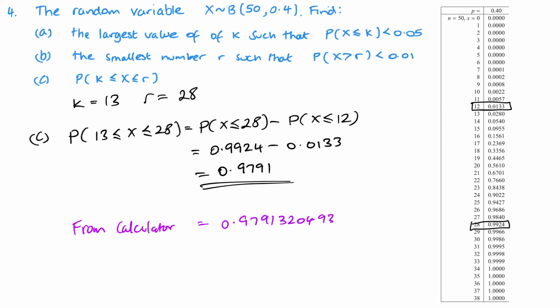So you can see there, exactly the same to 4 decimal places. But you've seen in the past it's not always accurate to 4 decimal places, but it will be to 3 decimal places. These should match up always to 3 decimal places.